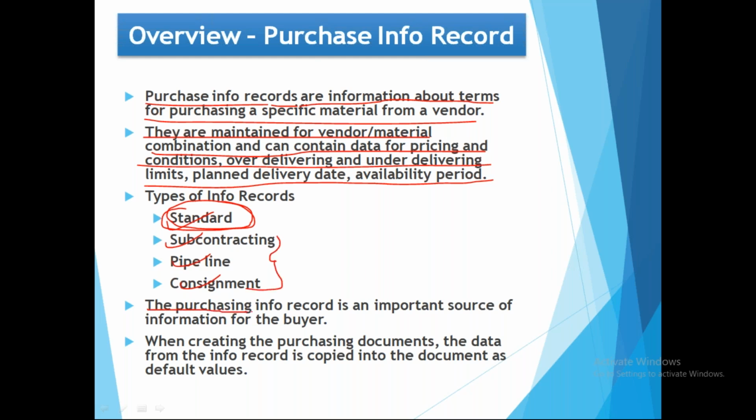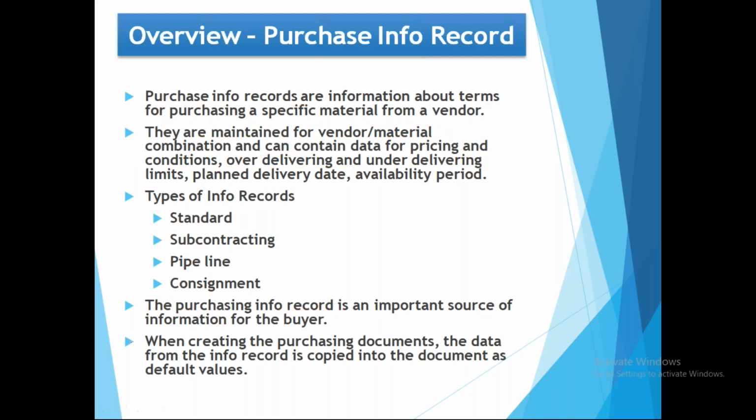The purchase info record is an important source of information for the buyer, the purchasing officer. When creating purchasing documents, the data from the info record is copied into the document as default values. So whenever you are creating a purchase order, if the purchase info record exists, the data from it will get copied to the purchase order.